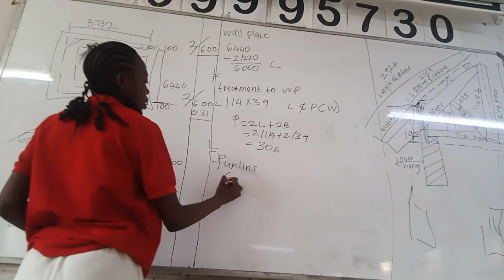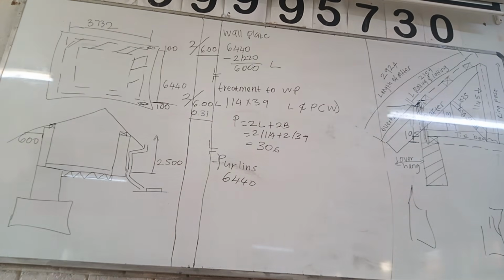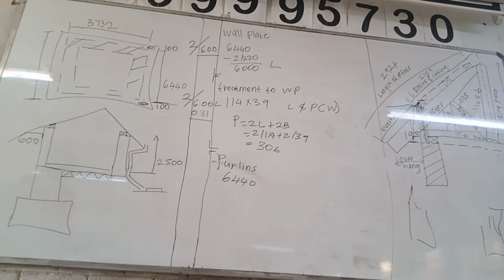Okay, so we have 6440, plus 2 of the gable lines again. They start at the external, from here until there, so they take the dimension of the whole entire roof.